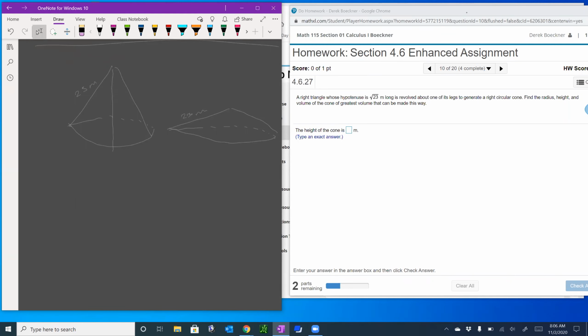But we do want the restriction that if I draw the radius in there and I draw the height up, that's going to give me a right triangle in the middle of my cone.